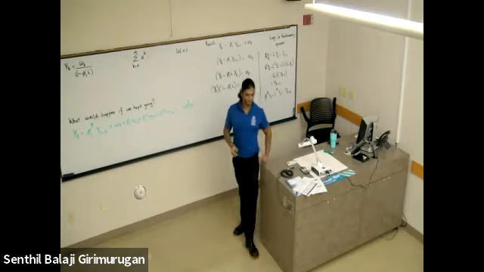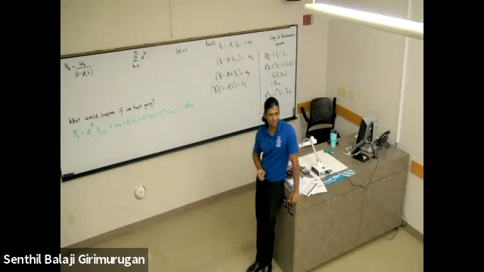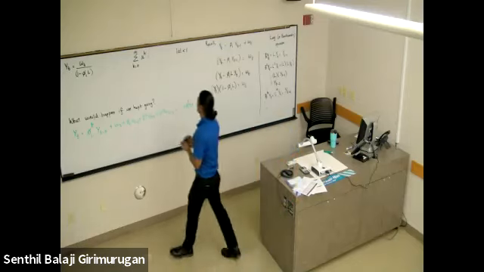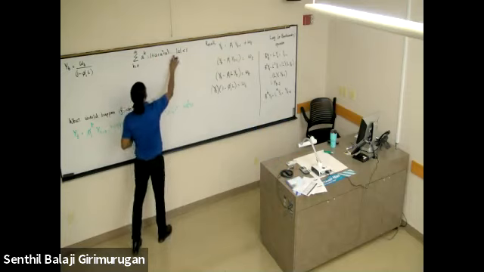It's just a^0 plus a^1 plus a^2 plus a^k. a^0 is 1, so this is simply 1 plus a plus a squared plus a cubed, and so on.